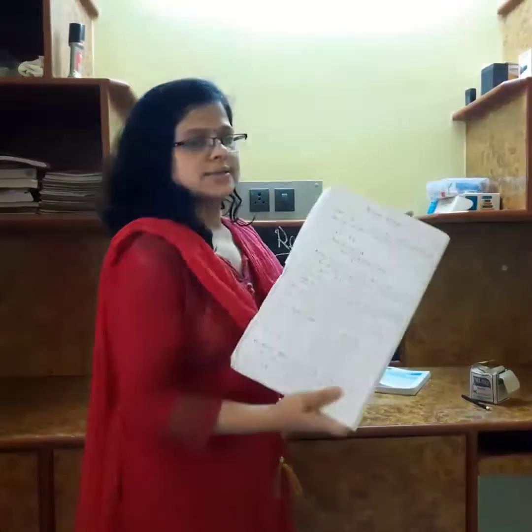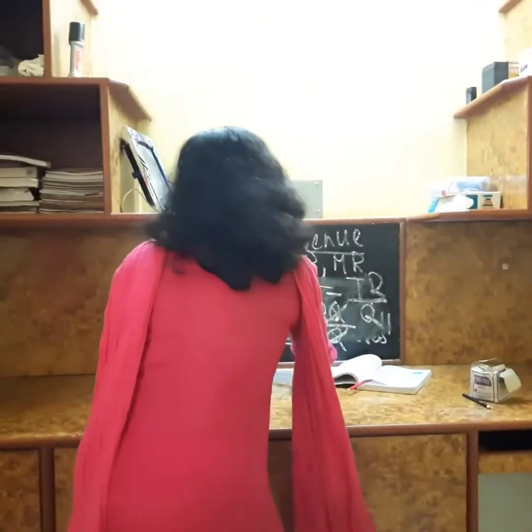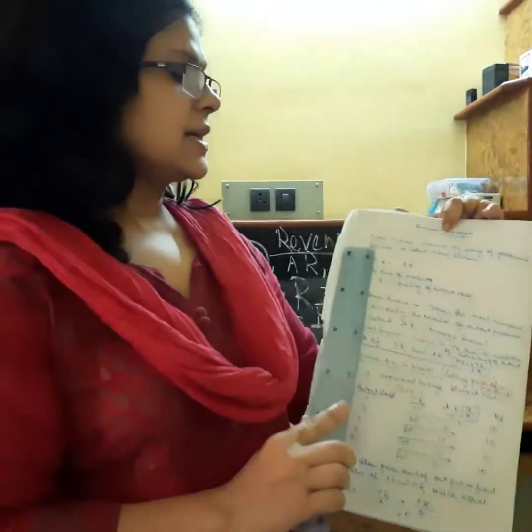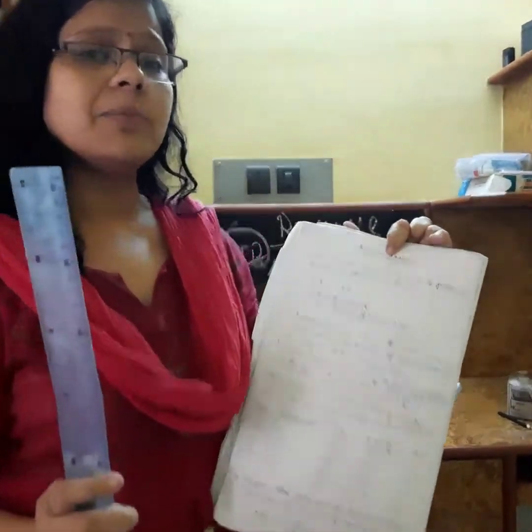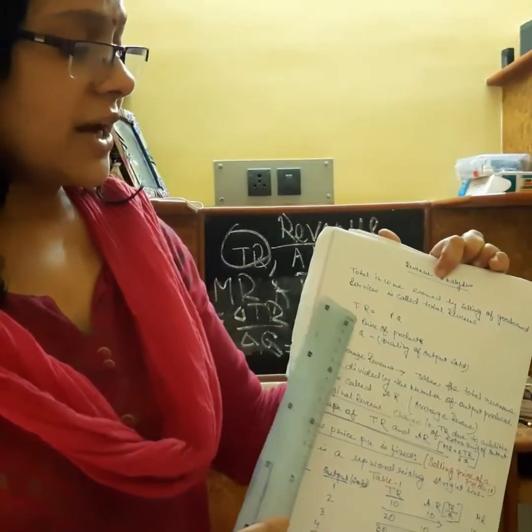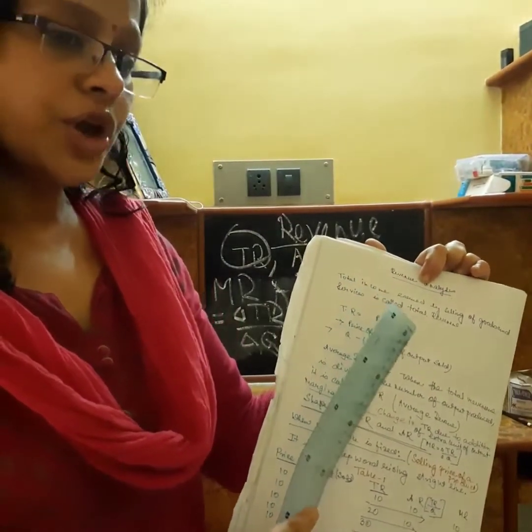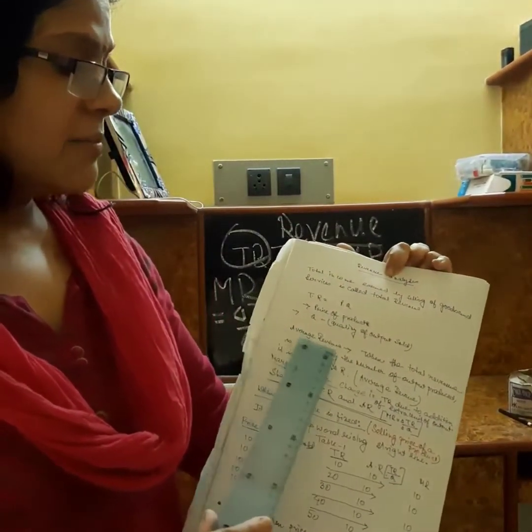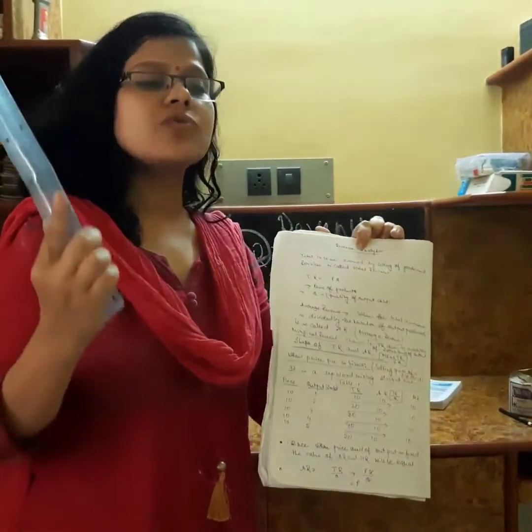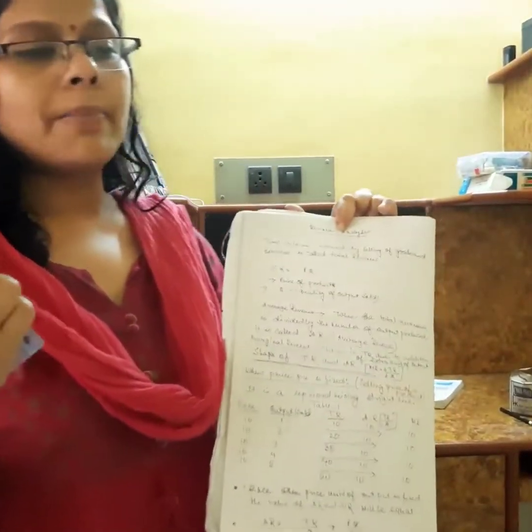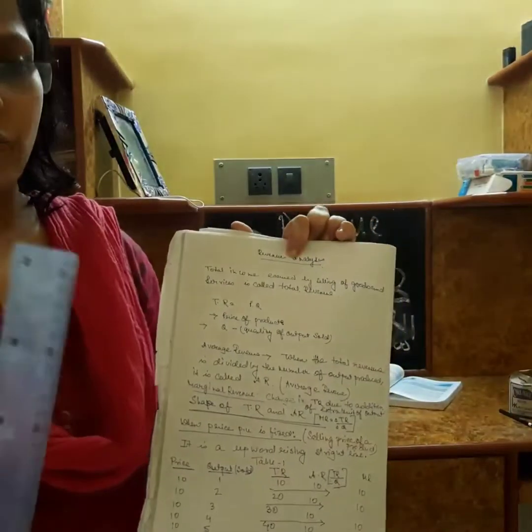See here I have written, what is TR? TR means the total revenue earned by the firm by selling output. TR can be written as P into Q. What is AR? Average revenue. It is the per unit revenue earned by the firm by selling 1 unit of output.